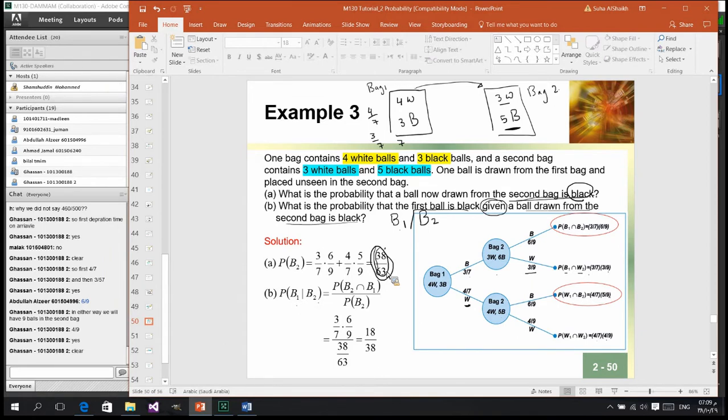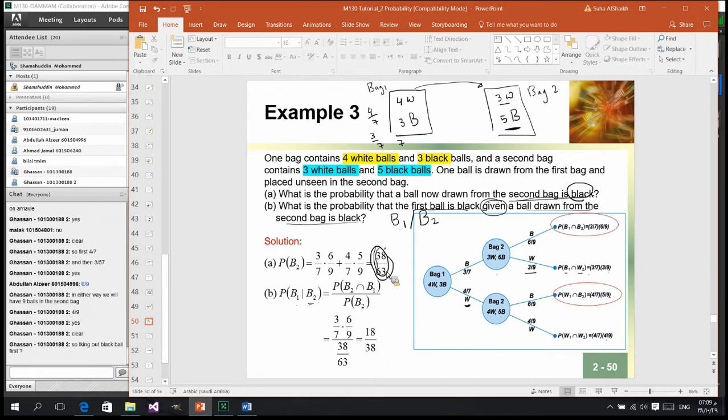What do I have here? B1 and B2. It is the probability of the intersection over the probability of the second one. The probability of the second one we already counted in A. The probability of B2 we counted here already.